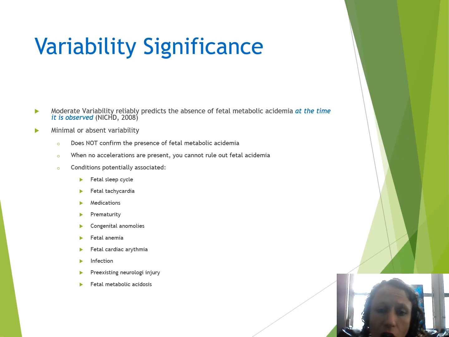Things that can cause that: babies sleep just like we do, and when they sleep, their heart rate is going to have less variation. So that's normal. We usually give them about a 20-minute sleep cycle, and then we're like, okay, baby, we want you to wake up now.